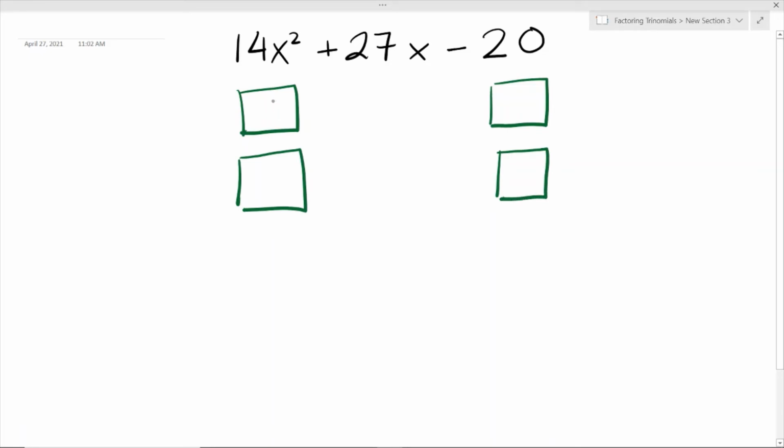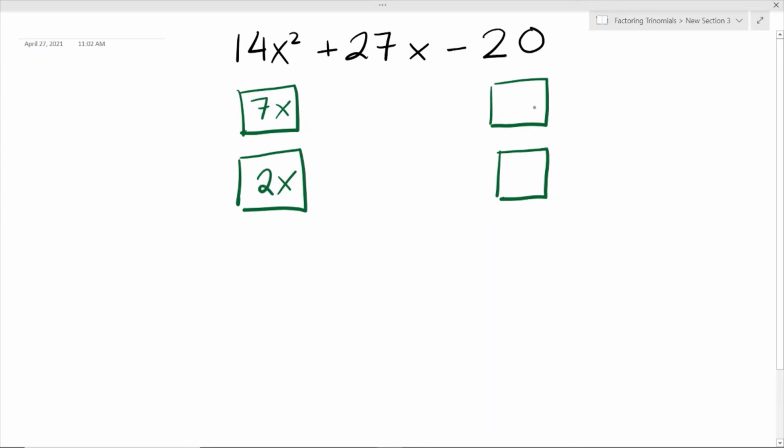So something times something has to give 14x squared. So the requirement is that they each have to have an x, okay? And so what gives 14 now? Well, we know that 7 times 2 gives 14. We can try 7 times 2. So I can write 7 times 2 like that, okay?